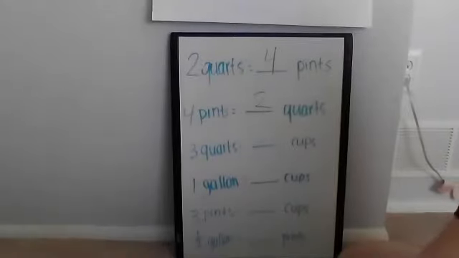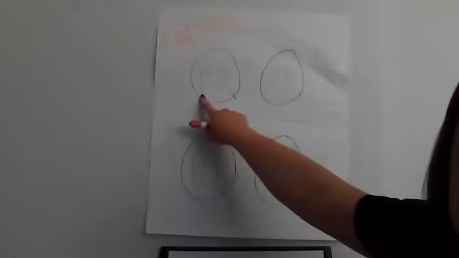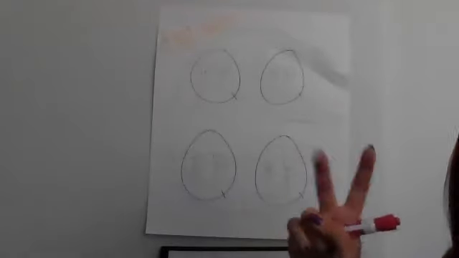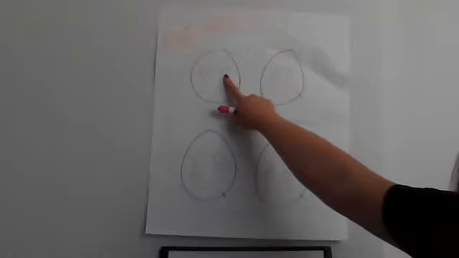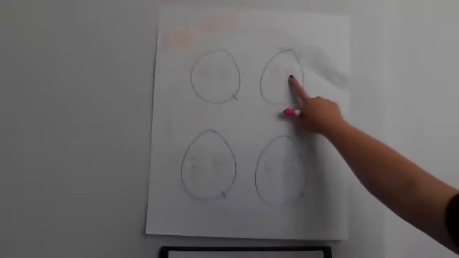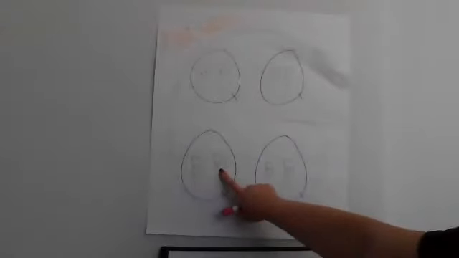3 quarts equals how many cups? So I'm going to look at my King Gallon up here. 3 quarts, 1, 2, 3 queens, or 3 quarts. How many cups would that be? Now, each pint, each pea or pint has 2 cups. So that means I have 2 cups here, 2 cups here, 2 cups here, 2 cups here, 2 cups here, and 2 cups here.